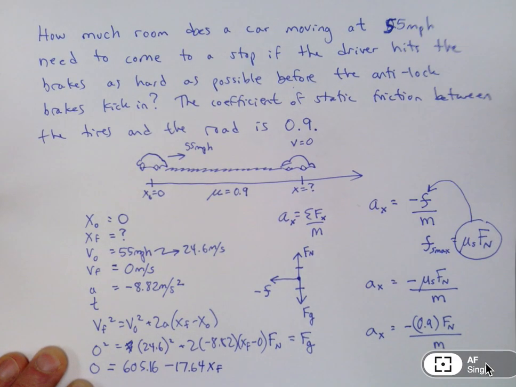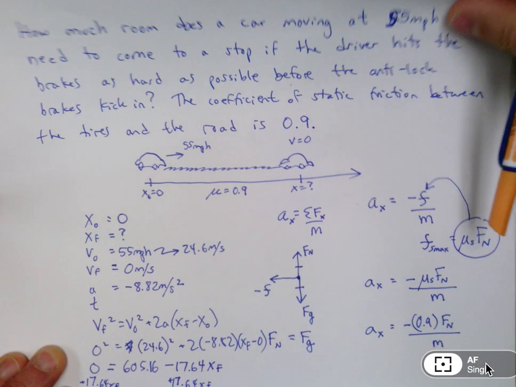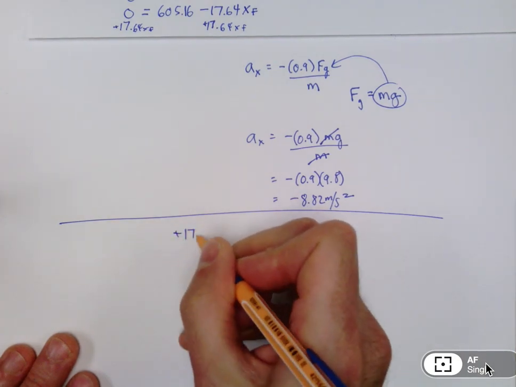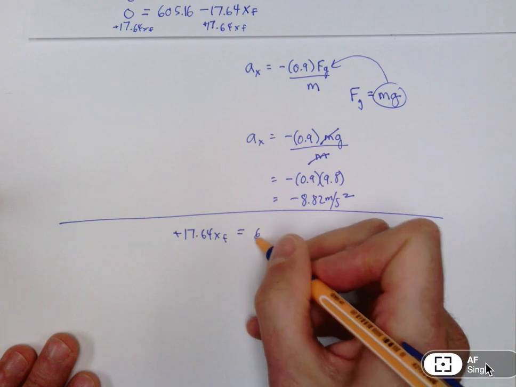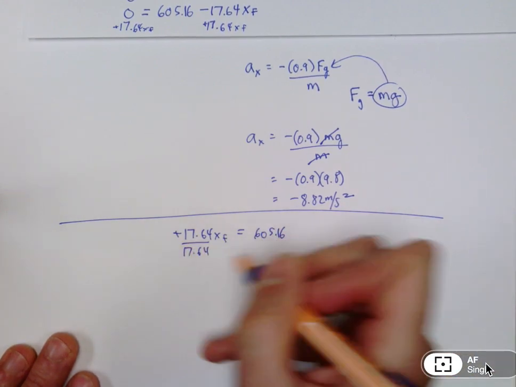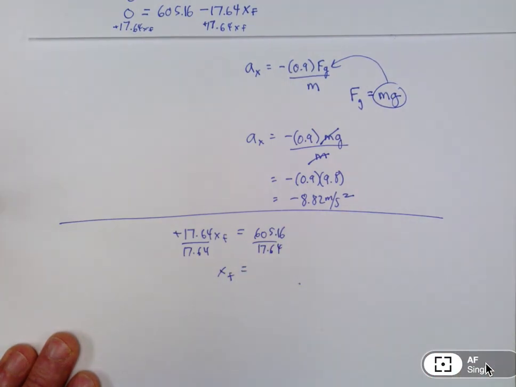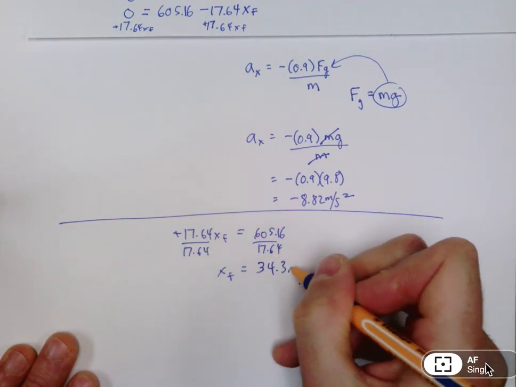I'm going to add the 17.64 xf to both sides, and let me continue that over here. So that's going to give me positive 17.64 xf equals 605.16, and then I'll divide both sides by 17.64, and that should give us our final answer of 34.3 meters.